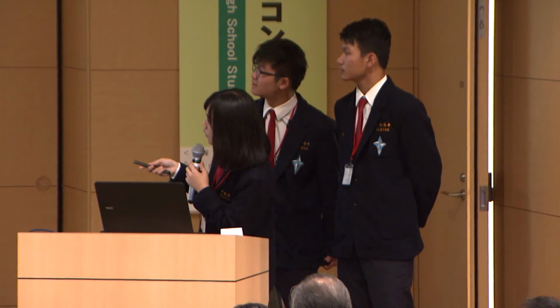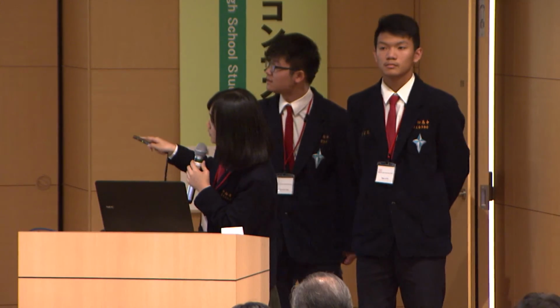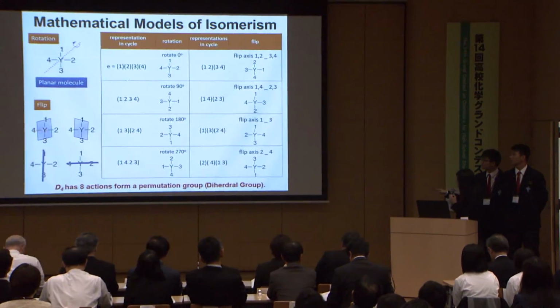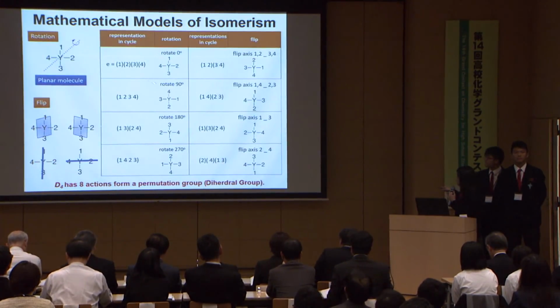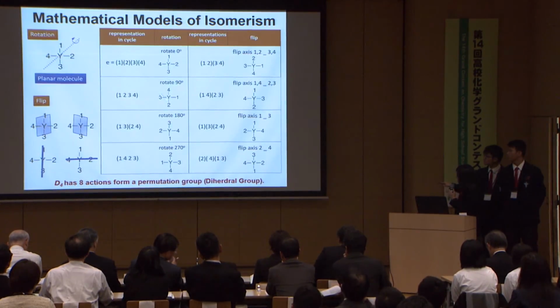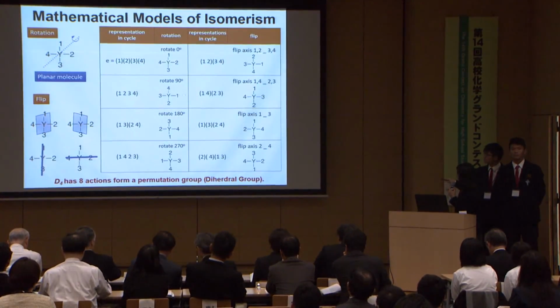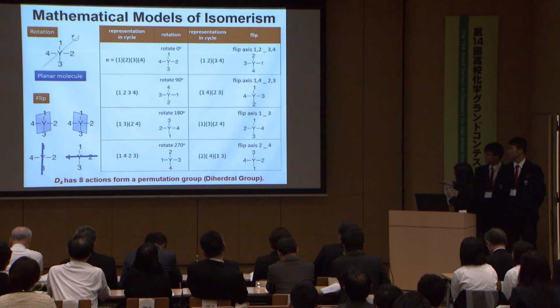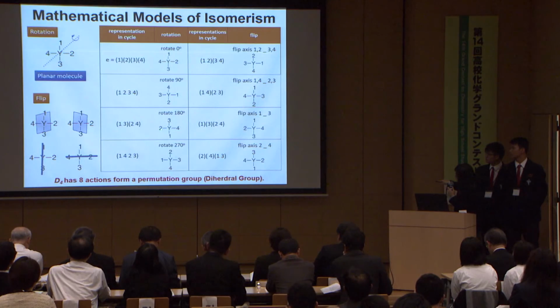We find all of its symmetry actions and write them as cycles. For example, this is the identity: if you don't move, then it is 1, 2, 3, 4. But if you rotate 90 degrees, it will be 1 to 2, 2 to 3, and 3 to 4. And this is rotating 180 degrees, so 1 turns to 3 and 2 to 4.